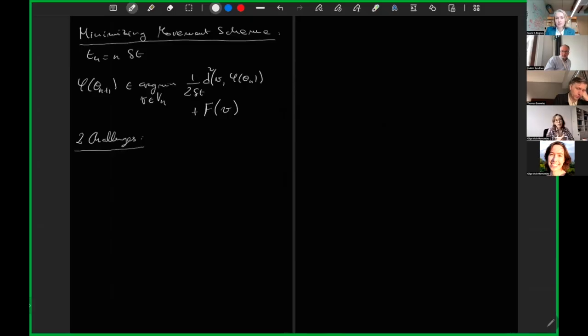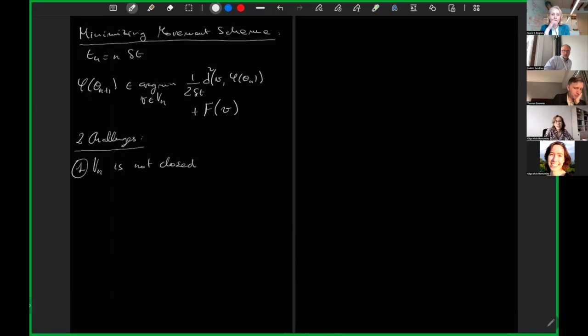In order to define this evolution on this metric space, when you study the results in the book by Ambrosio and others, the results are always phrased on metric spaces which are closed. And so the first drama is that Vn is not closed.